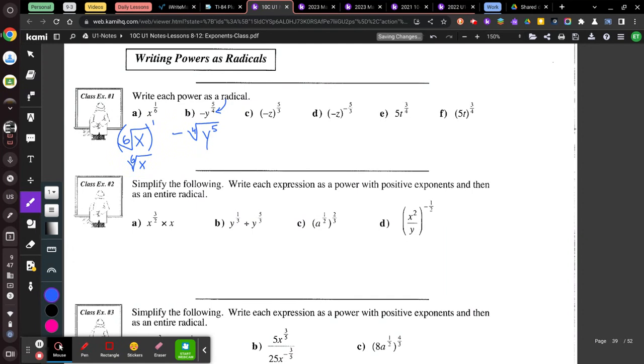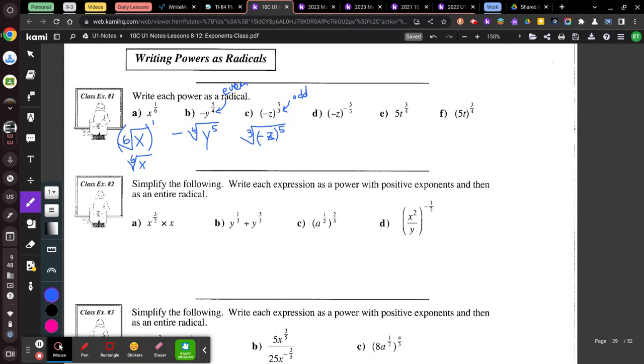The next one, it's a negative base. The negative goes in because it is an odd index. This one here was even. Now we have an odd index. An odd index means the negative can come under. So I've got negative z, and he's going to now get the 5. Negative bases stay in brackets. So that z's going to stay in brackets.